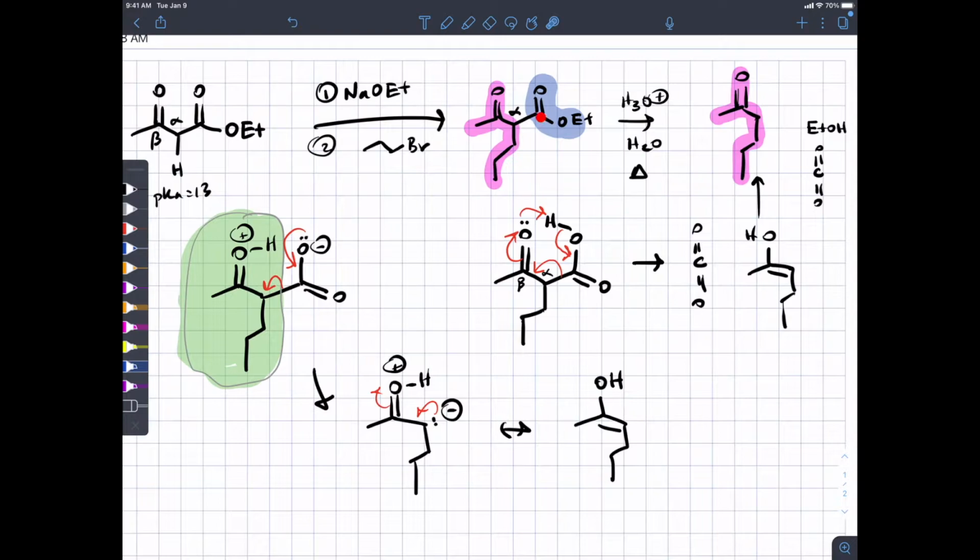Water attacks to give a tetrahedral intermediate. Proton transfer turns this into a good leaving group. Electrons kick down and kick off this group, and you have the acid, basically. There are some more proton transfers there. So this proton here, I would say, comes from the acid. And then I guess that's the proton that's here in the enol. Is that sort of what you were asking?